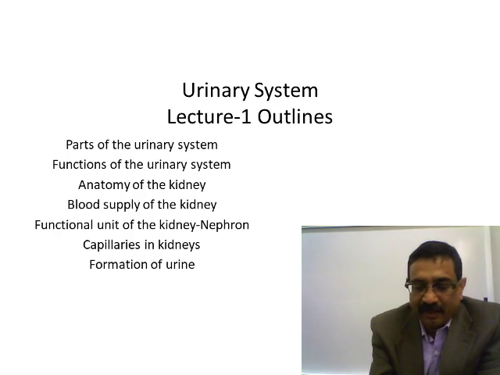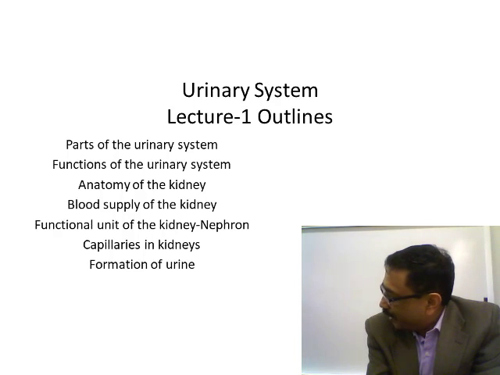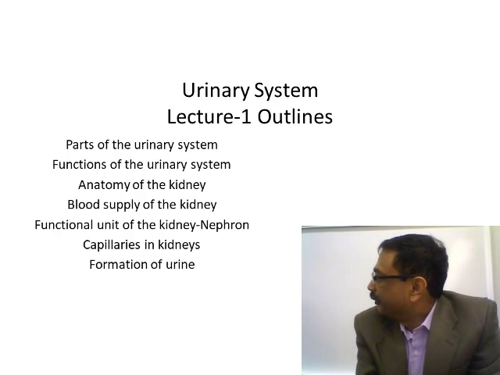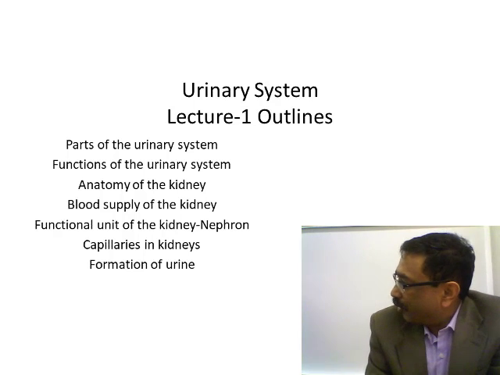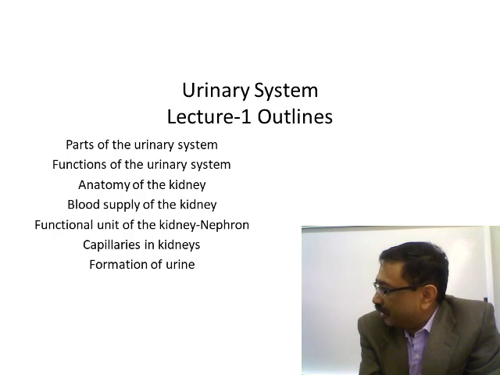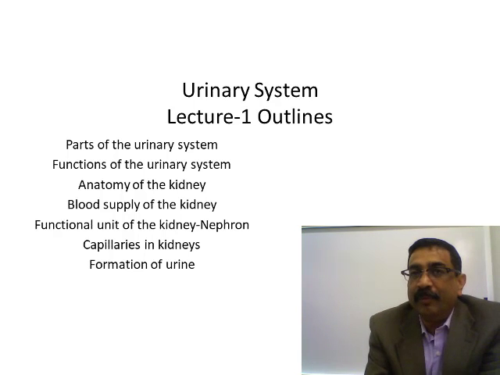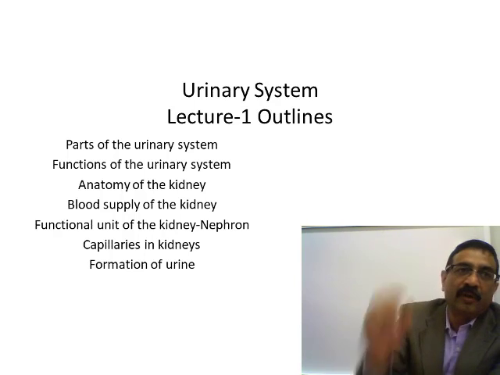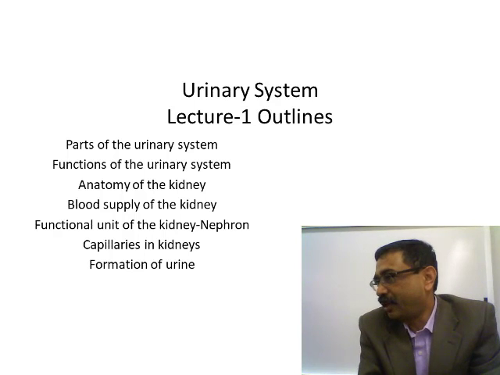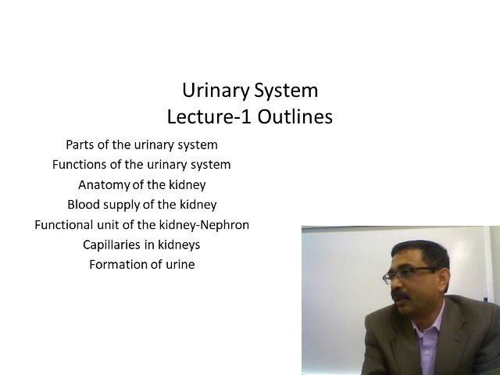We'll see the anatomy of a kidney. We'll see the blood supply of the kidney. Then we'll talk about the nephron. Inside the kidney, you have millions of very small tube-like structures. Those are called nephrons.